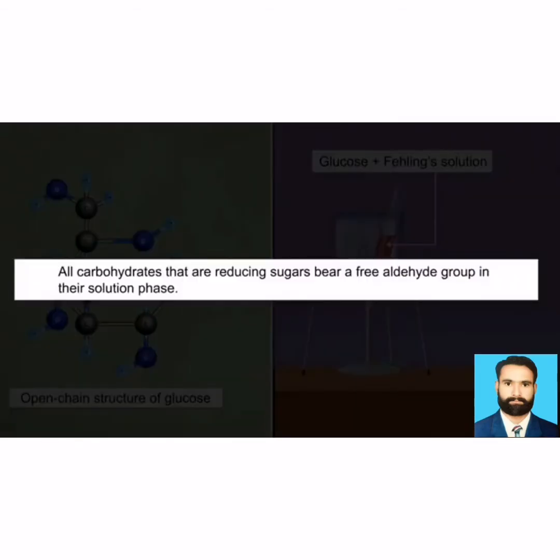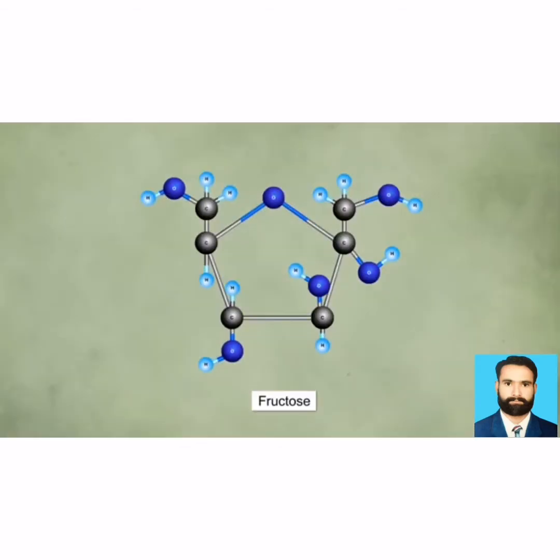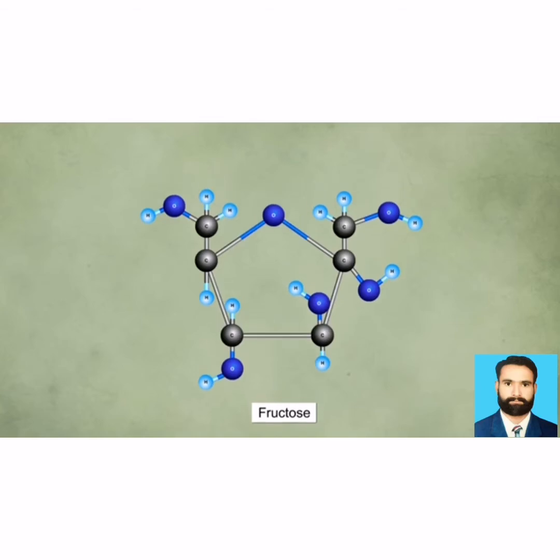So, all carbohydrates that are identified as reducing sugars bear a free aldehyde group in their solution phase. Fructose is also an example of such a carbohydrate. It is a monosaccharide with a hemiketyl group in its cyclic structure.